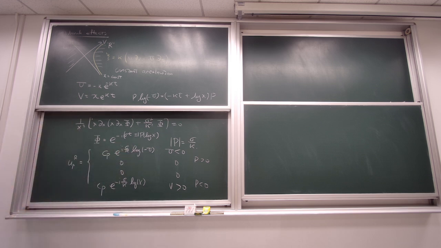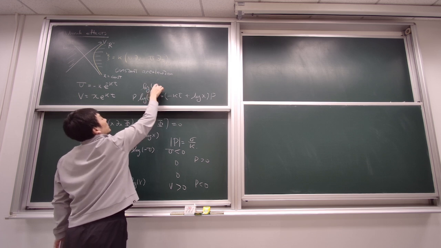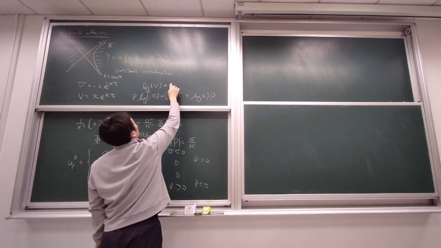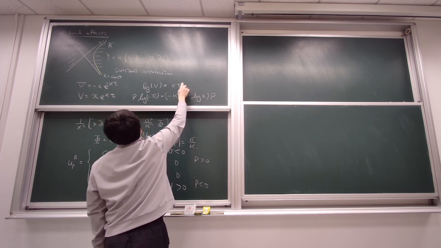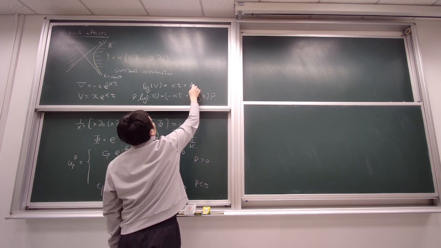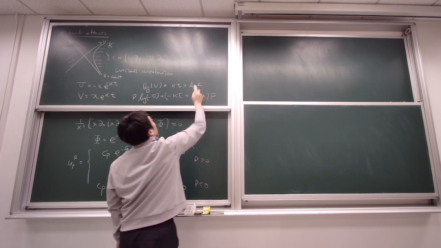On the other hand, if you consider log B, then you have kappa t plus log x, small x.